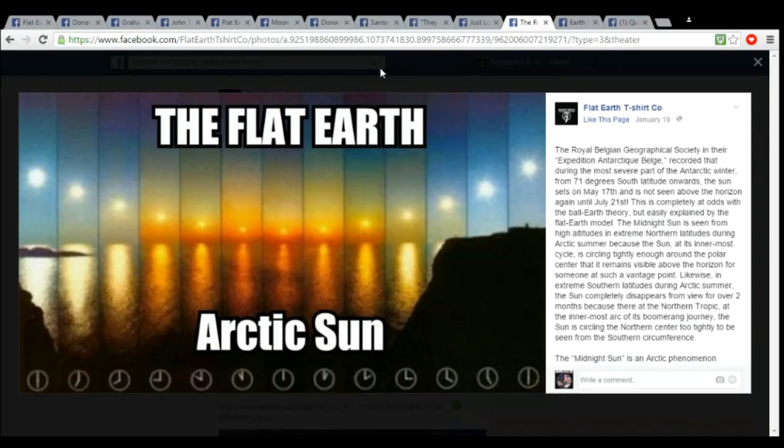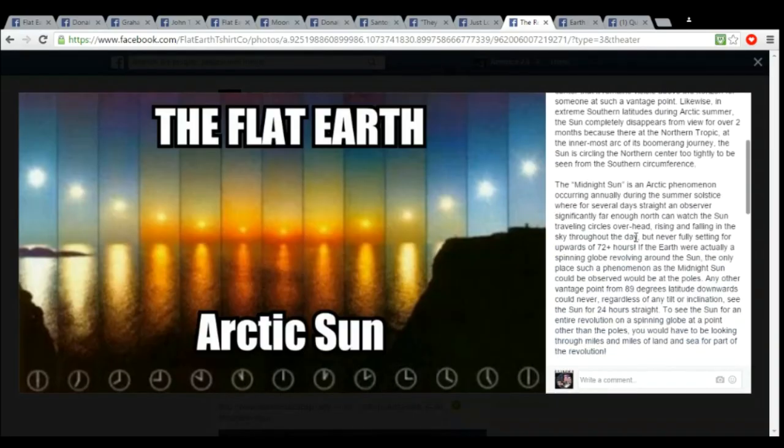At extreme southern latitudes during the Arctic winter, the sun completely disappears from view for over 2 months because of the northern tropic and the innermost Arctic arc of the boomerang journey. The sun is circling north, centered tightly, to be seen in the southern circumference. Ugh. Sorry, folks.